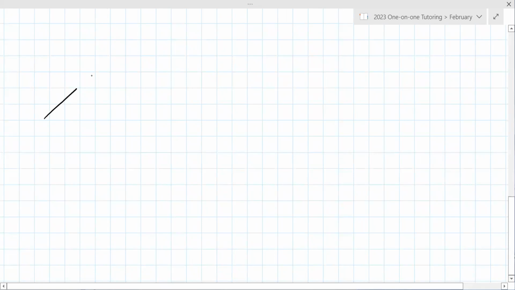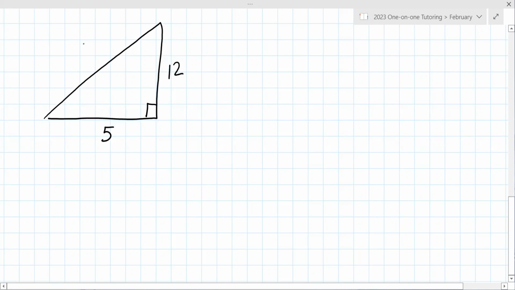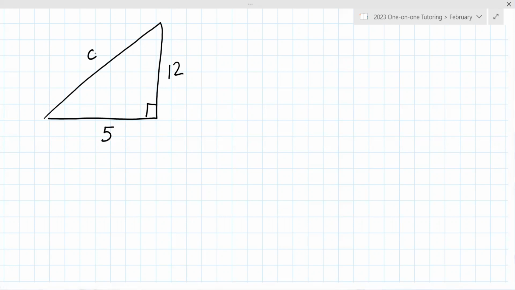All right, we're going to look at a new triangle now. I want you to first find the hypotenuse C for us, please. I cannot say anything. I have to get the final answer.